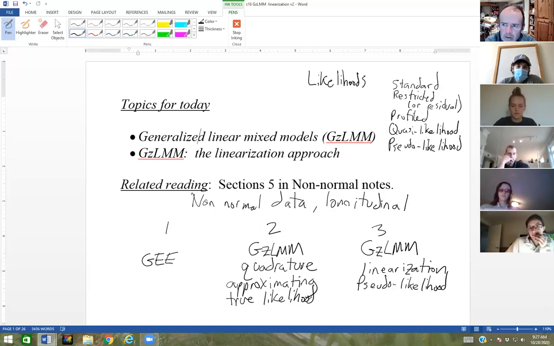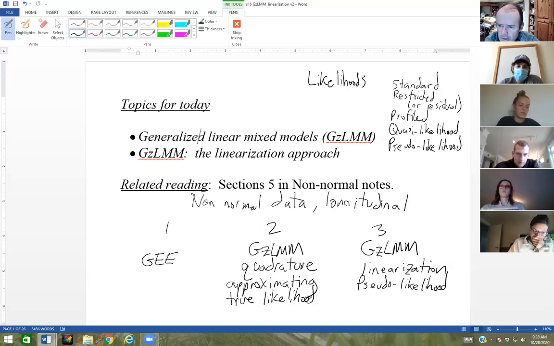For example, we're talking about pseudo likelihood methods today. In other initial papers, they actually called it quasi likelihood, which makes it confusing because we want to distinguish what we're learning today from the quasi likelihood that we use for GEE. So the terminology can be confusing, and there's a lot of different variations that we need to learn in class. So I'm going to define terminology in very specific ways to try to avoid that issue.